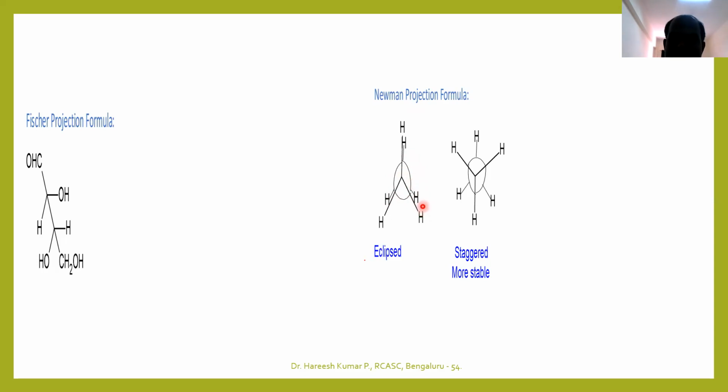We also need to remember the eclipsed form and the staggered form. In the staggered form, there will be less interaction between the adjacent atoms. That is the reason the staggered form is more stable compared to the eclipsed one. This is the information you need to be aware of about the Newman projection formula.